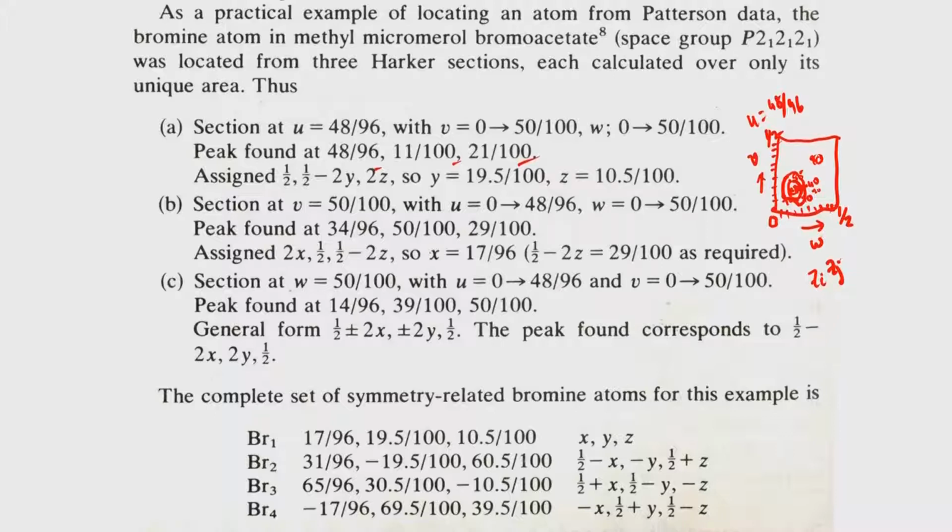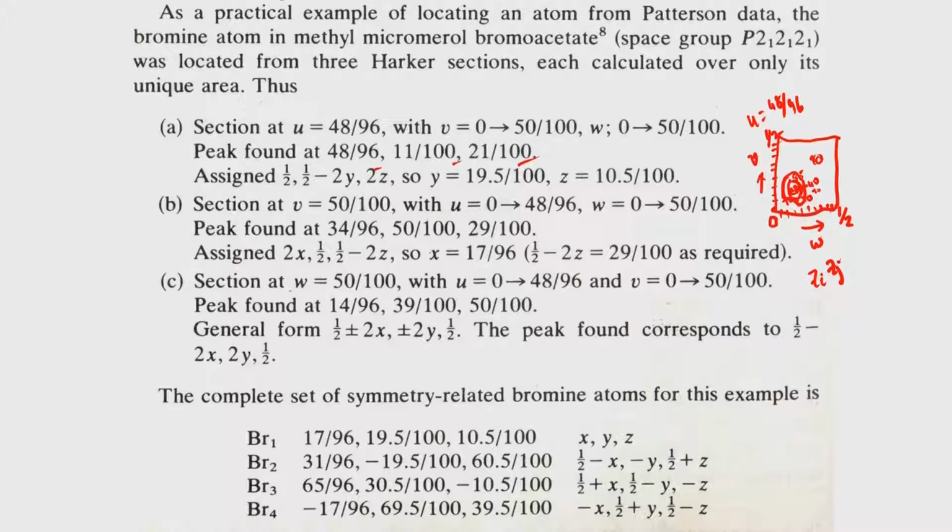So what we have done is 0 to half is expressed as 0 to 50 by 100. That means half, right? 50 by 100 is half, 50 by 100 is half. So we will calculate the corresponding values of y and z as 11 by 100 and 21 by 100. This is only for computational ease, so that we plot this section. So we have plotted the section u equals half, and we have taken the chop of the u, and v and w are spread out. So you have a sheet where you have v and w values.